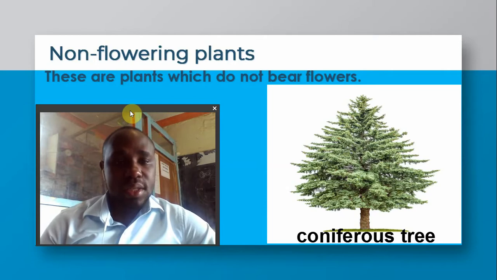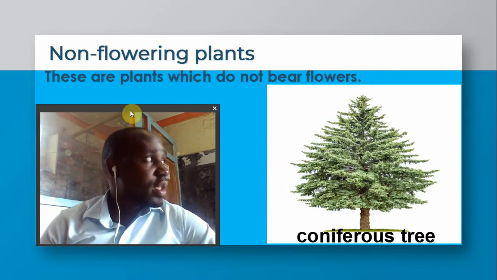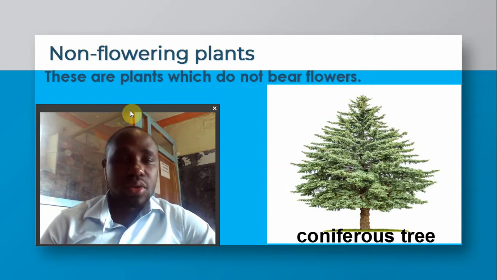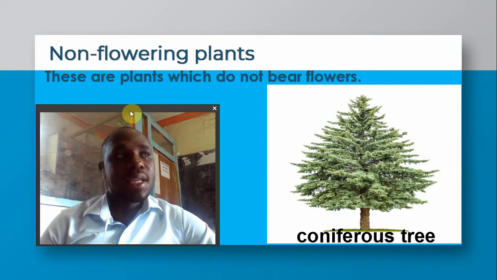The plants which do not have what? Flowers are called non-flowering plants. These plants are green in color. They reproduce by means of either seeds, or they may reproduce by means of spores.